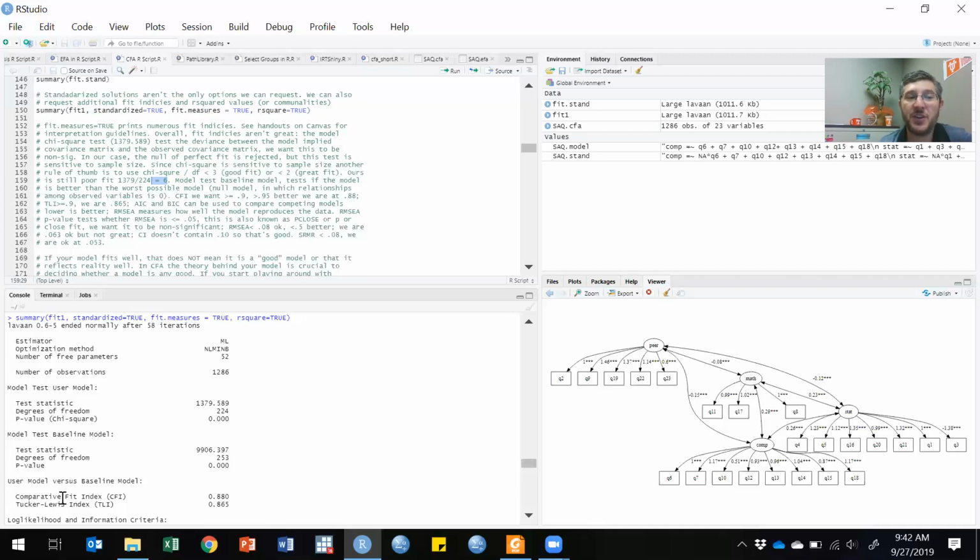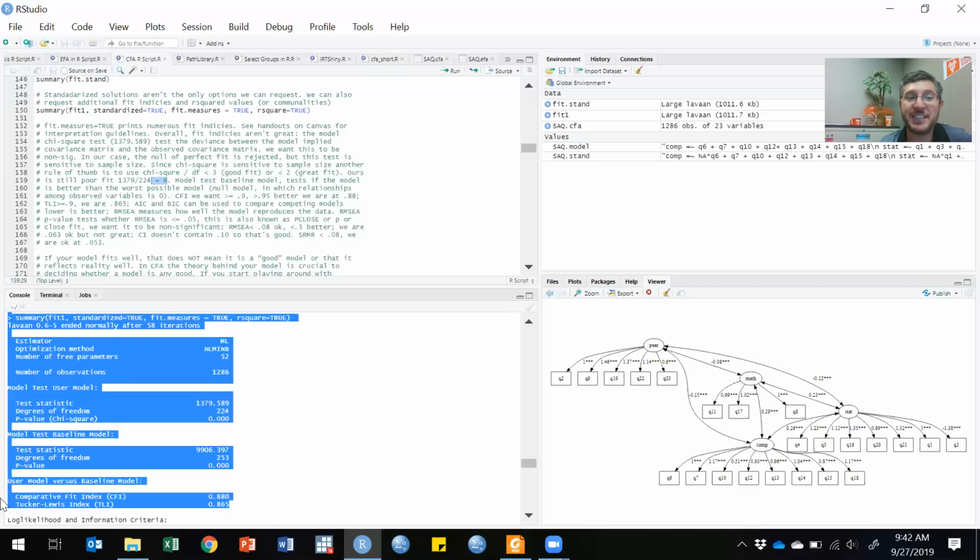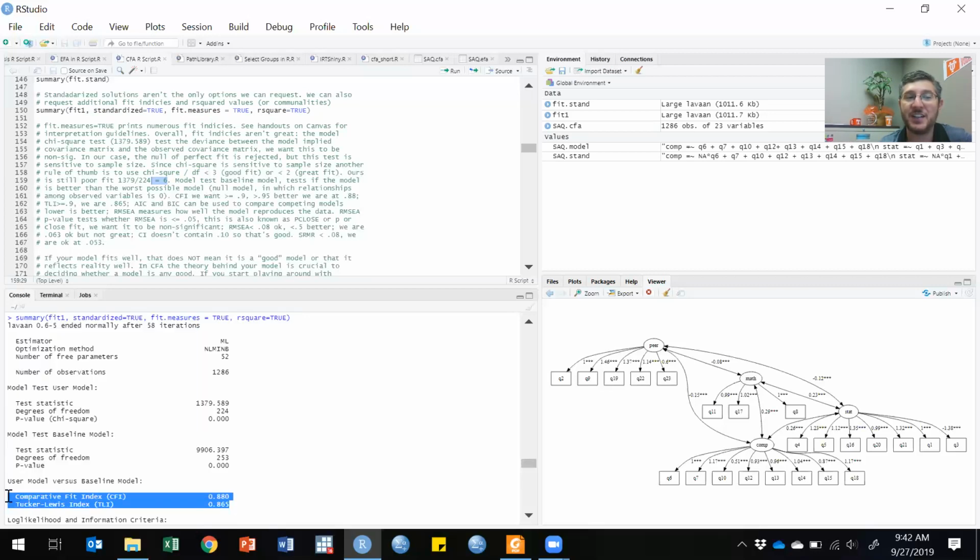There are some other overall fit statistics like the CFI, the Comparative Fit Index, and the TLI, the Tucker-Lewis Index. Typically, we want these to be greater than 0.9, greater than 0.95 is even better. A 1 indicates perfect fit.